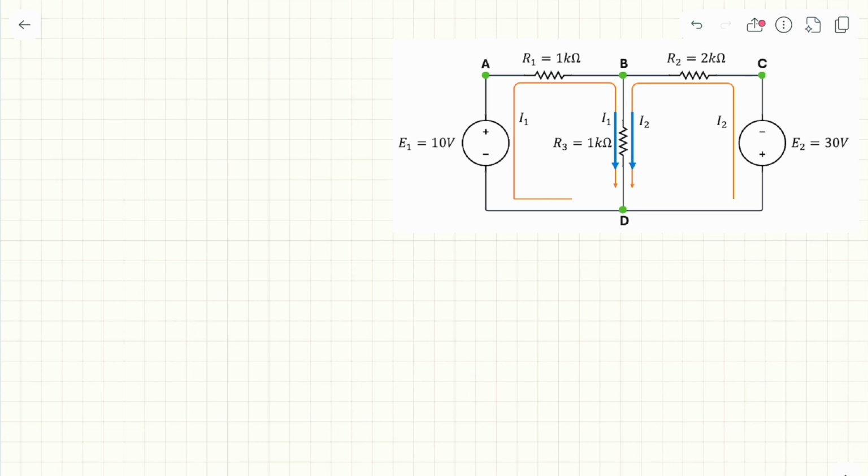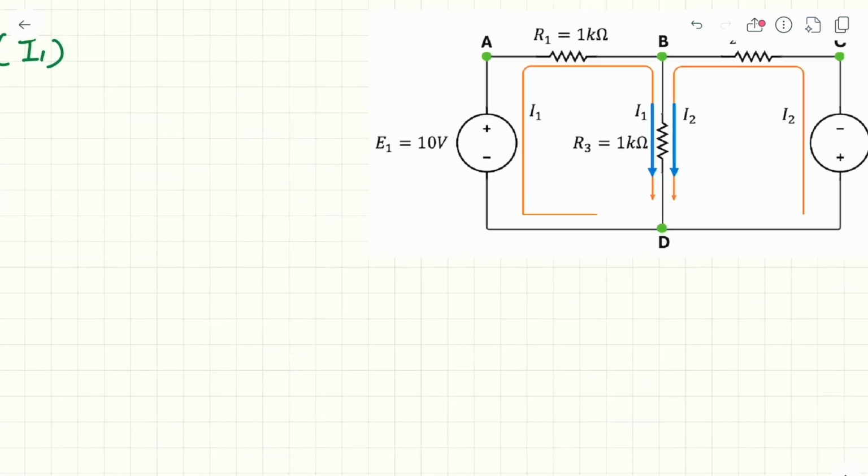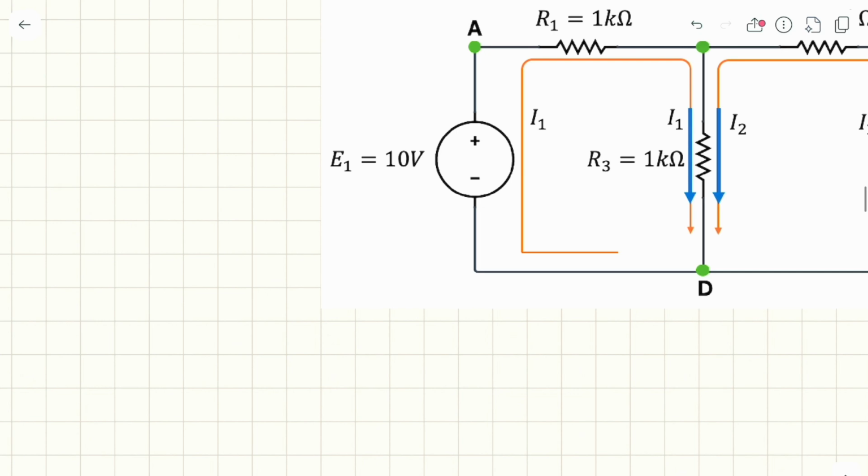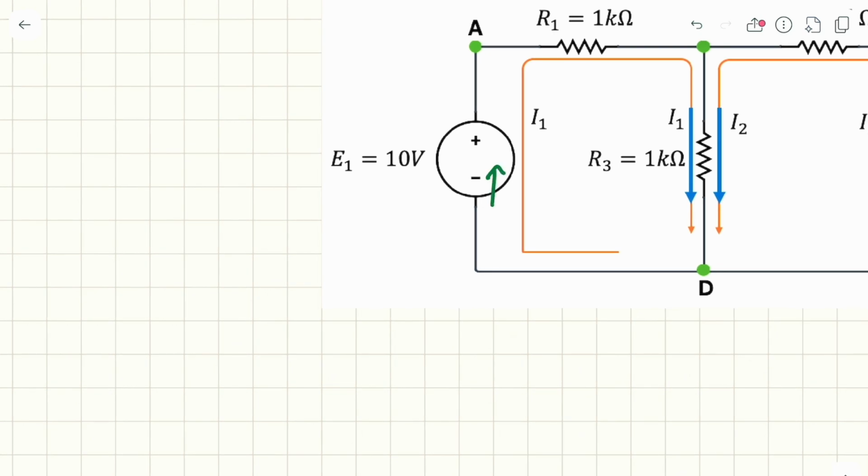Now let's write the KVL for mesh current 1. And again, for mesh current 1, it enters the voltage source from the negative side, and so this is negative.